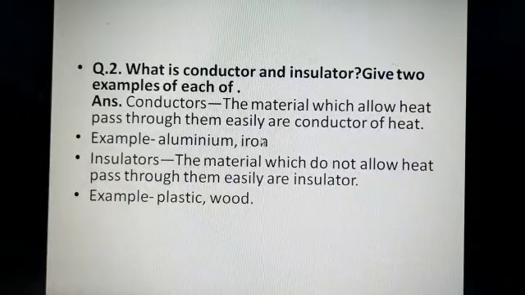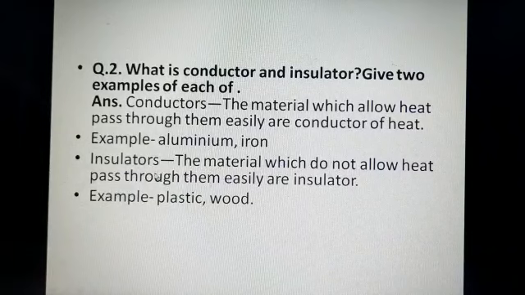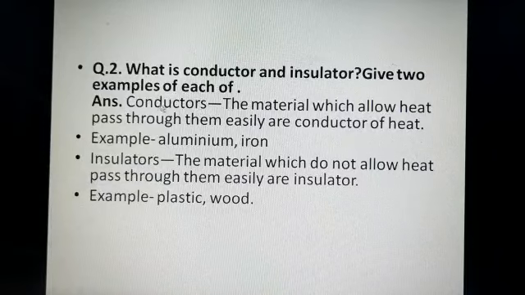Example, aluminium and iron. Insulator: the materials which do not allow heat to pass through them easily are insulators. Example, plastic and wood.